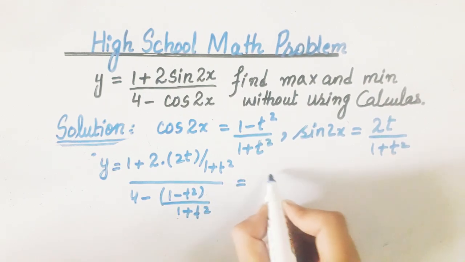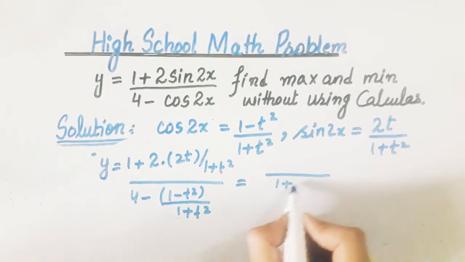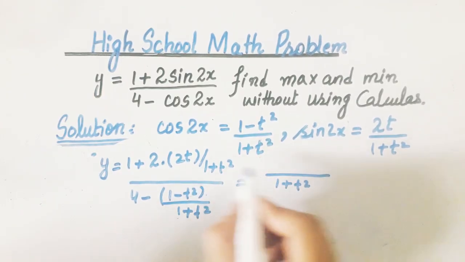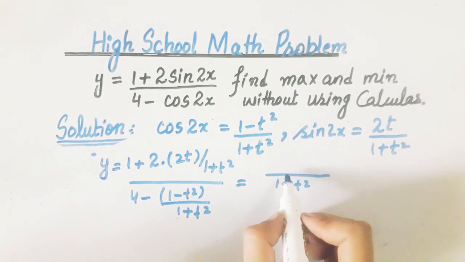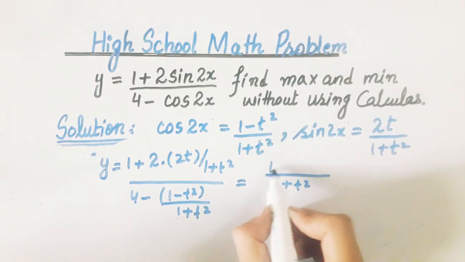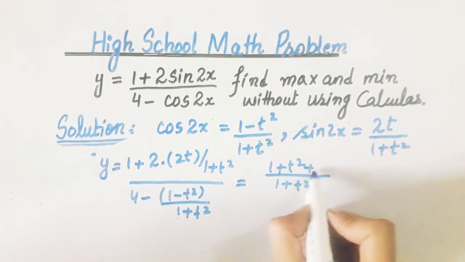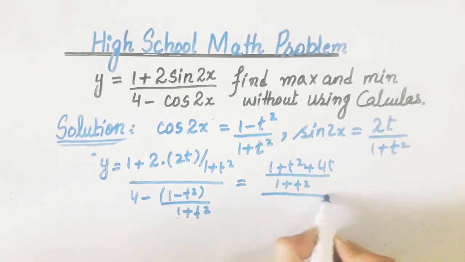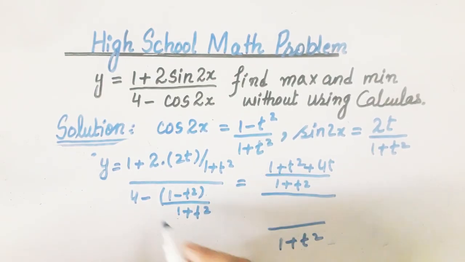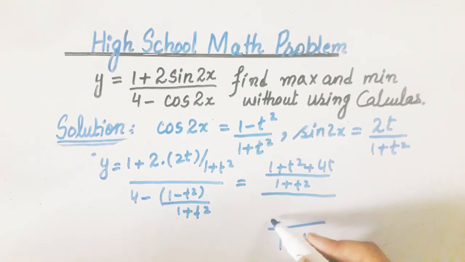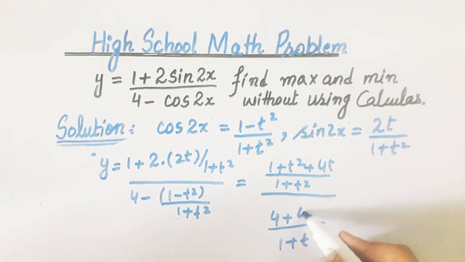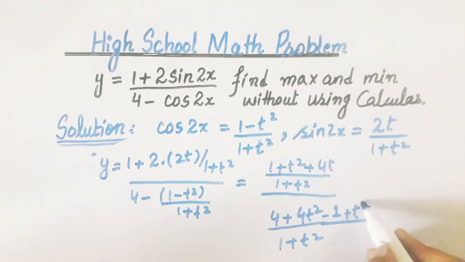Now we will take the LCM, 1 plus t square, and then get 1 plus t square, 2 multiply 2, 4, so 4t, and in the denominator we will again get the LCM 1 plus t square, and 4 is multiplied by this, so we get 4 plus 4t square minus 1 plus t square.